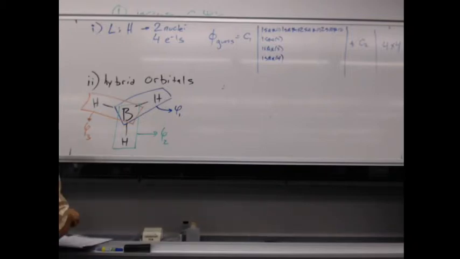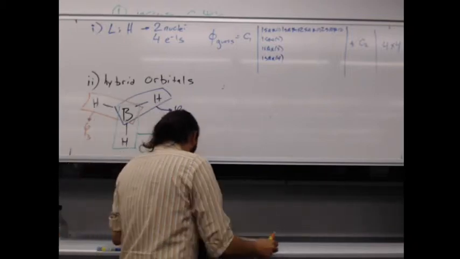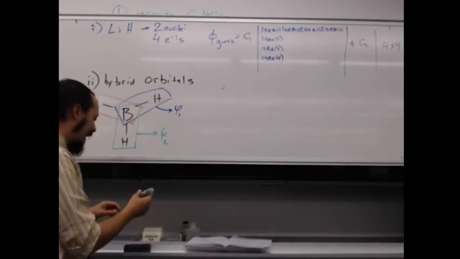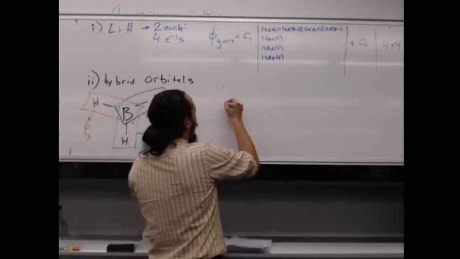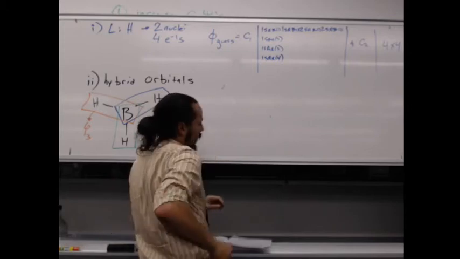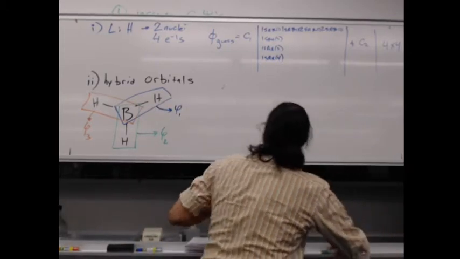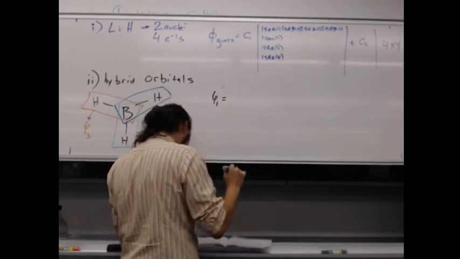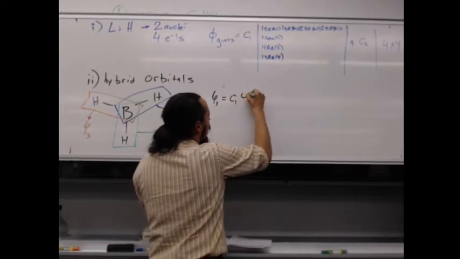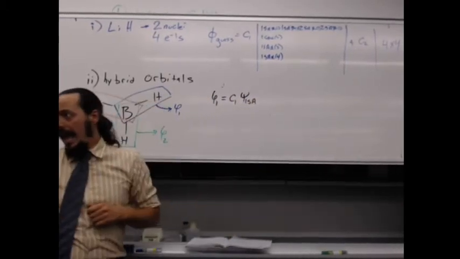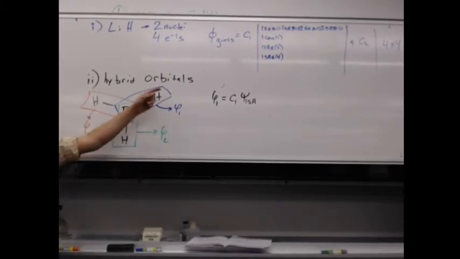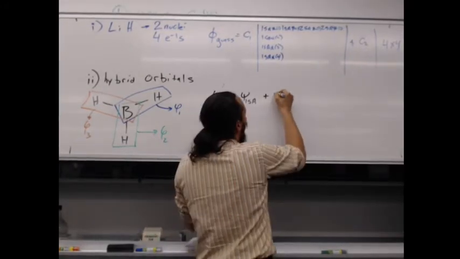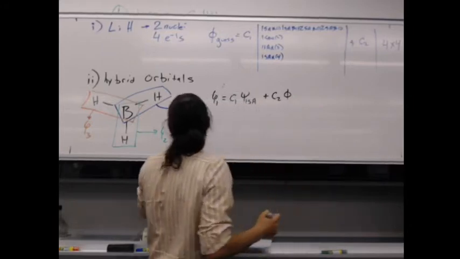Now, in order to get this to work, the hydrogens are the easy part, right? So when I put together my guess function for this, I know I'm going to have something like a C1 psi 1s on hydrogen A. That part's the easy part. Hydrogen only has that one part. The part that gets a little bit more tricky is, what do I put for boron?